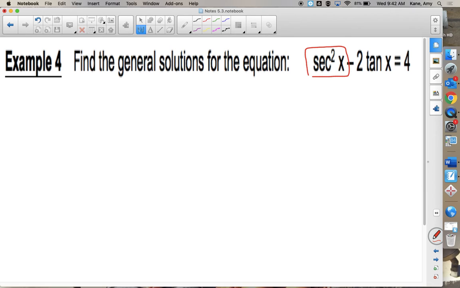So if you have a tangent already in the problem, and we know 1 plus tangent squared equals secant squared, we can take out the secant squared and replace it with 1 plus the tangent squared. That way we have the same function throughout the problem.